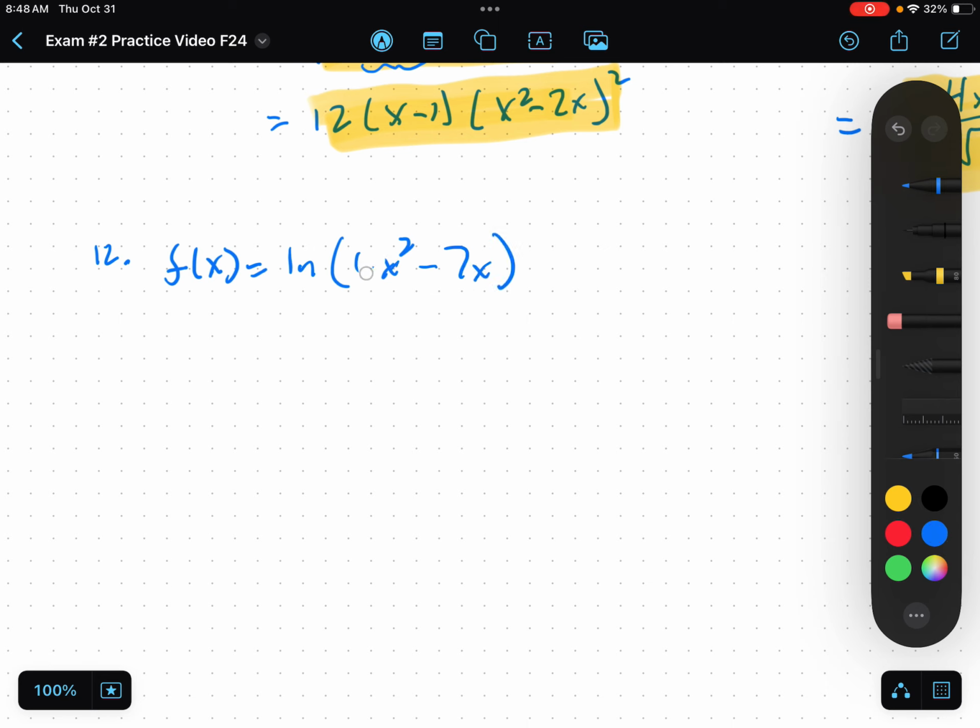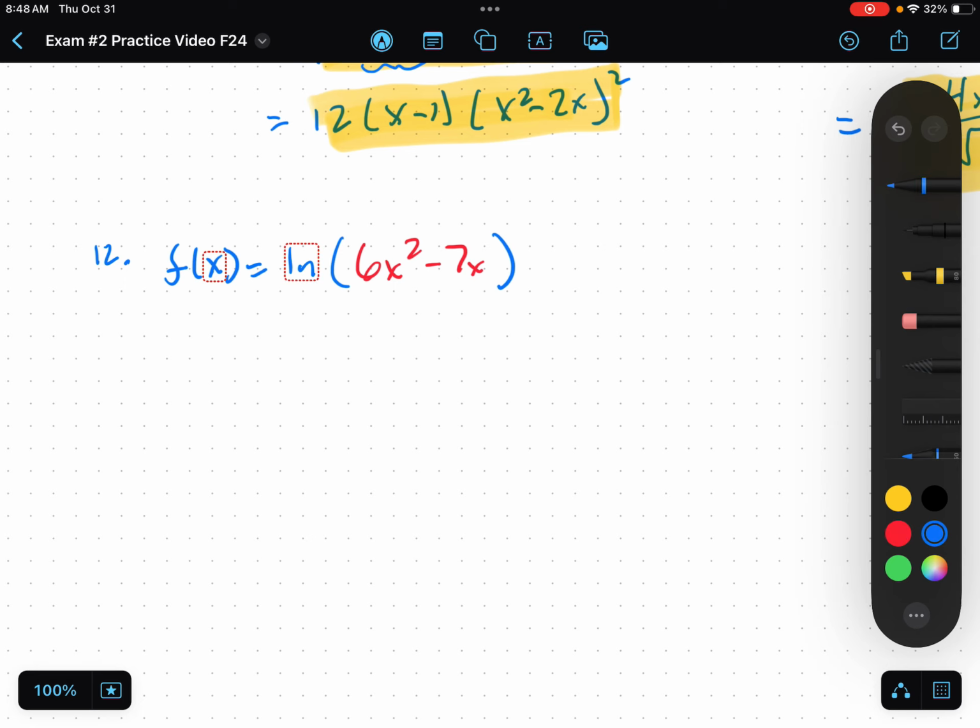And if I'm following the pattern of my other problems, I'll write that 6x squared minus 7x in red. So the g of x is 6x squared minus 7x. The f of x is natural log of x.